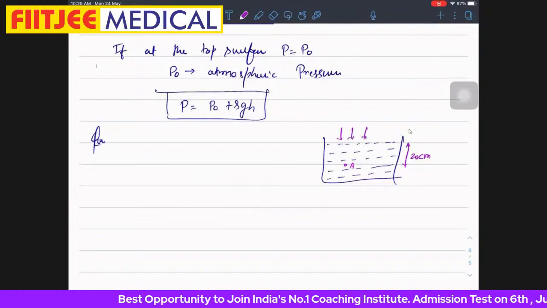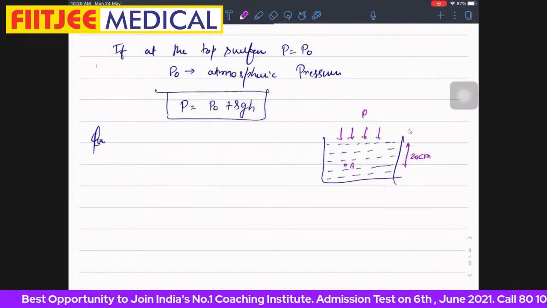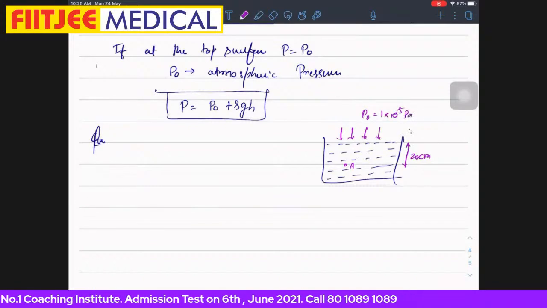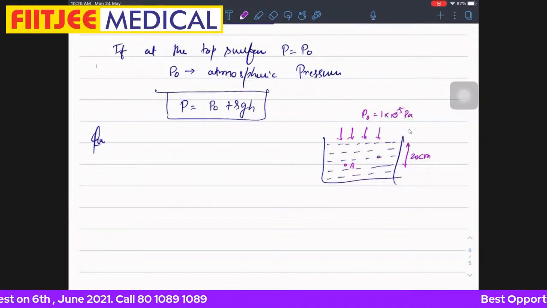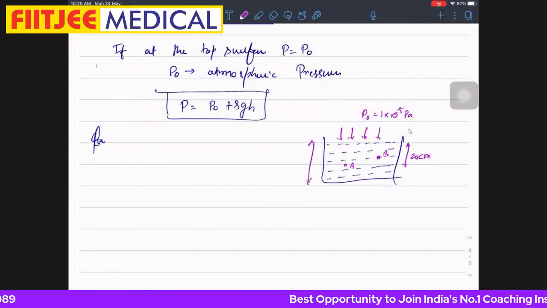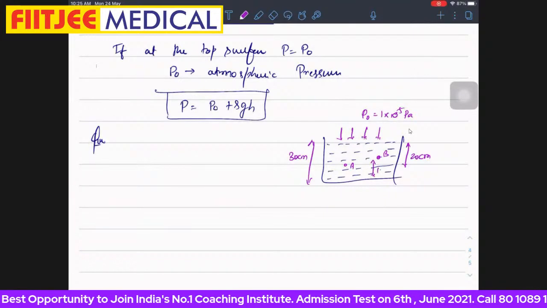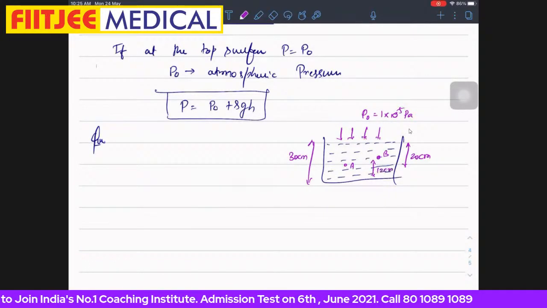Here atmospheric pressure we have given how much? P naught value we have given 1 into 10 to the power 5 Pascal. So calculate the pressure at point A and B. Suppose this total length is 30 centimeter and this we have given as 12 centimeter.